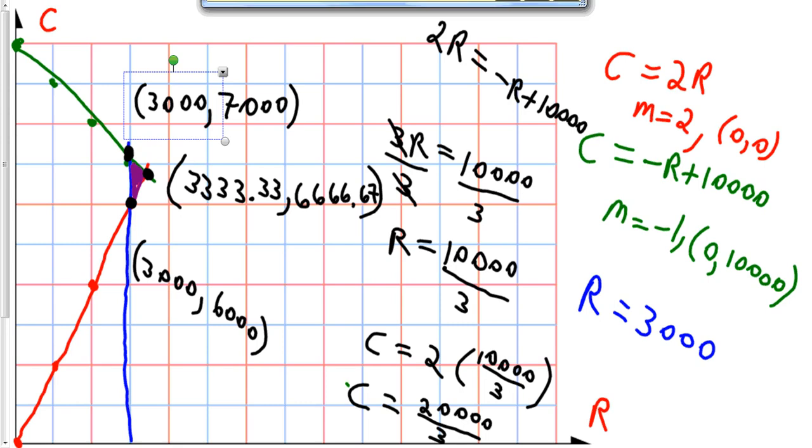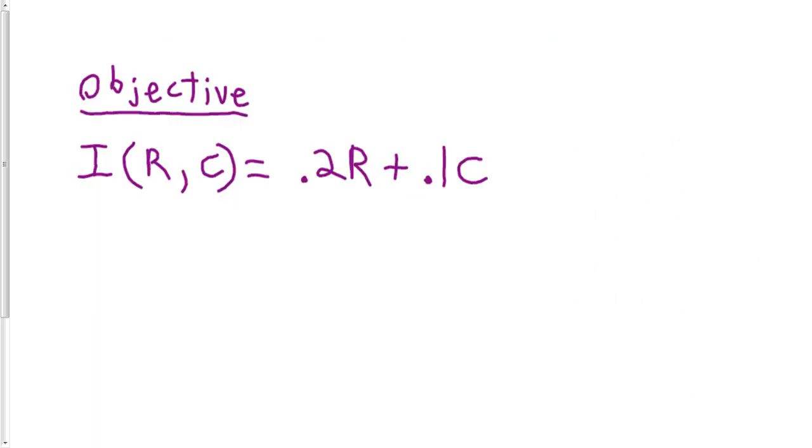So let's see what these numbers are. We have 3,000 and 7,000 for R and C respectively. So I need to find the I of (3,000, 7,000). This would be as if I put $3,000 into the risky account and $7,000 into the conservative.